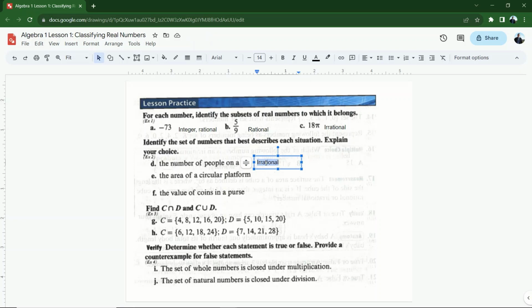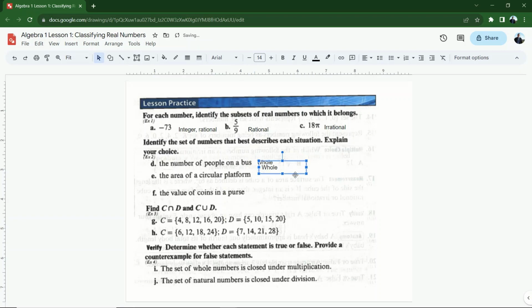Yep, we can have counting numbers of people on a bus as well as 0. And then can we have fractions of people on a bus? Not really. There's no realistic way to do that. So the set of numbers that best describes the situation, the most specific set of numbers, would be the whole numbers because I can include 0 and the counting numbers.